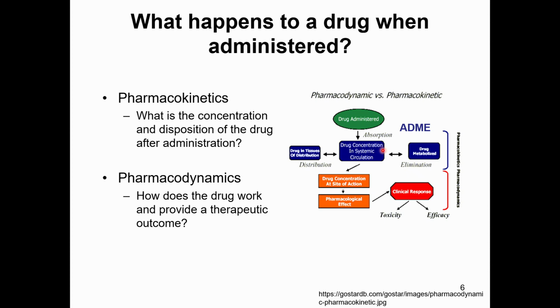And then it can be distributed throughout the body. So how quickly it's absorbed, how quickly it gets into the bloodstream, how long it persists in the bloodstream, that's important. But equally as important as how it builds up in the blood is how it's removed.